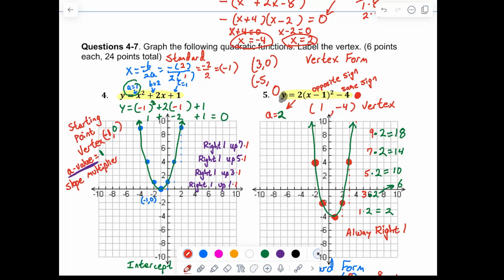And so think about it. The y and the x are representing coordinates for points. When y equals 0, those are all x-intercepts. You think about it, we're not going up or down any. We're just going left or right.